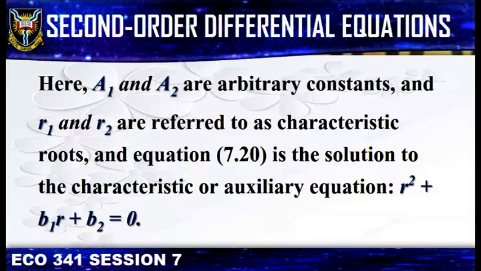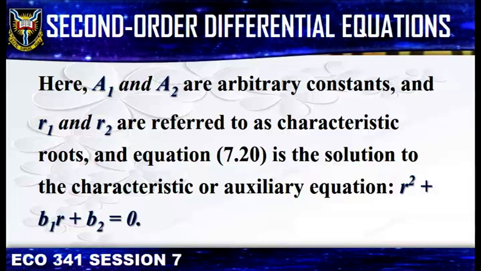Example 1. Find the particular integral for each of the following equations. 1. y'' of t minus 5y' of t plus 4y of t is equal to 2. Using equation 7.14, we have yp is equal to 2 over 4 is equal to 1 over 2, equation 7.21. 2. y'' of t plus 3y' of t is equal to 12.